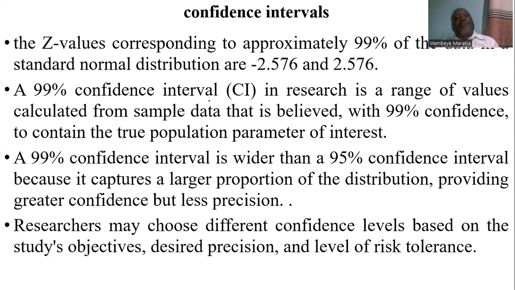A 99% confidence interval is wider than a 95% confidence interval because it captures a larger proportion of the distribution, providing greater confidence but less precision. As I said earlier, researchers may choose different confidence levels based on the study objectives, desired precision, and the level of risk to be tolerated in the research.